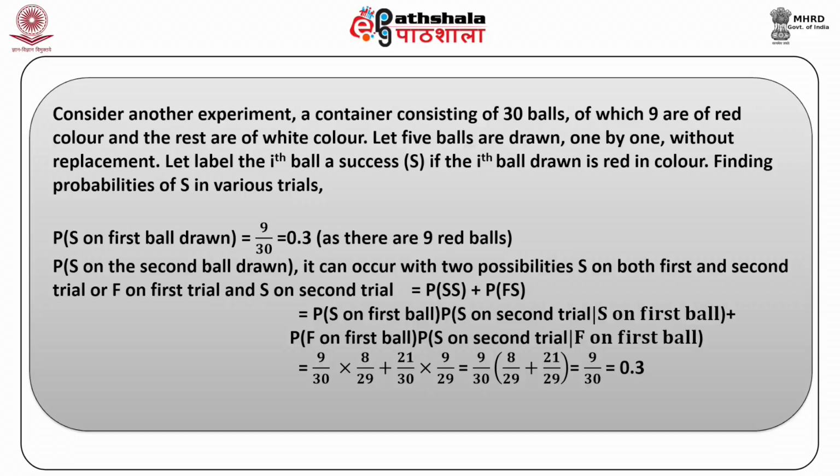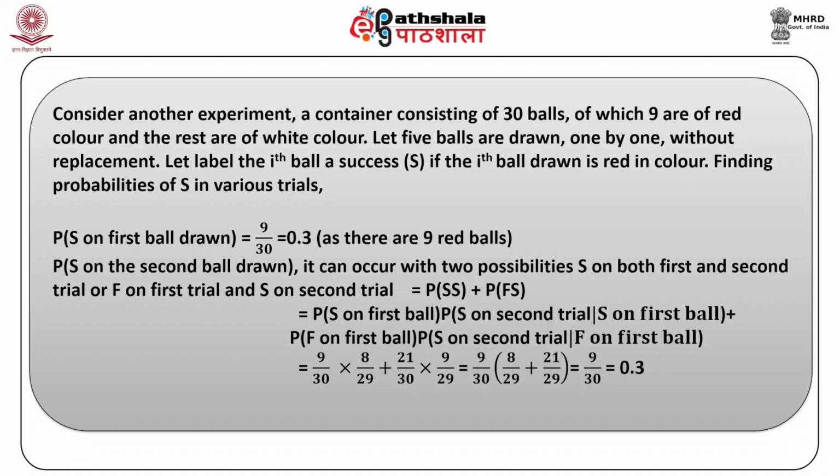Similarly, the probability of S on the second ball drawn can occur with two possibilities: S on both the first and the second trial, or F on the first trial and S on the second trial. So we can write it down as probability of SS plus probability of FS.